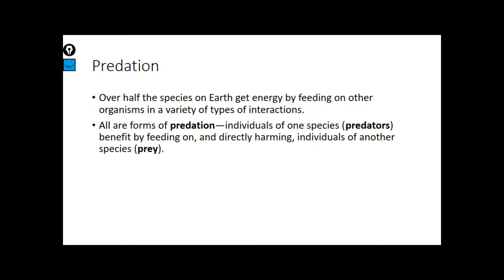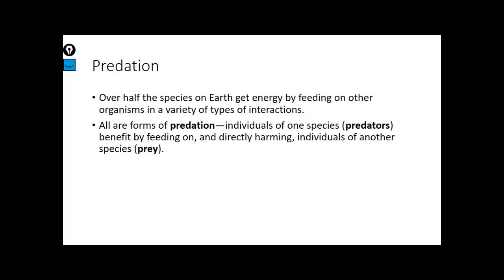Okay. So the key here, and what makes a good definition of whether it's predation, is one species, okay, the predator, is getting benefit by directly harming and consuming tissue of another species, in this case the prey, right?